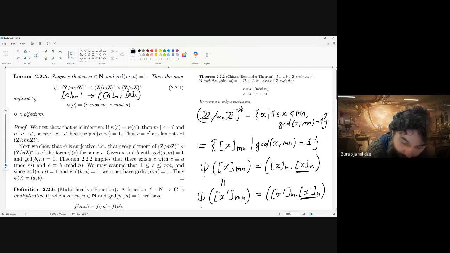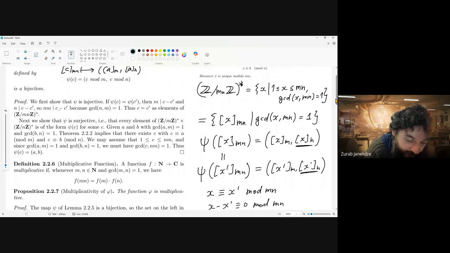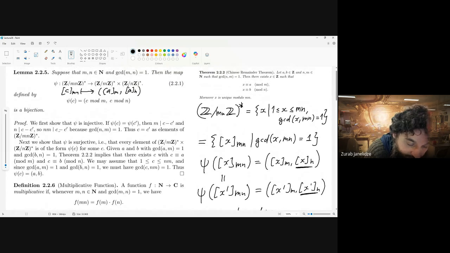Well, the explanation that's given here is that because A and B, sorry, this should have been B, right? The second one here should have been B. So because A came from the star and B came from the star, it means that GCD of A and M is 1 and GCD of B and N is also 1.